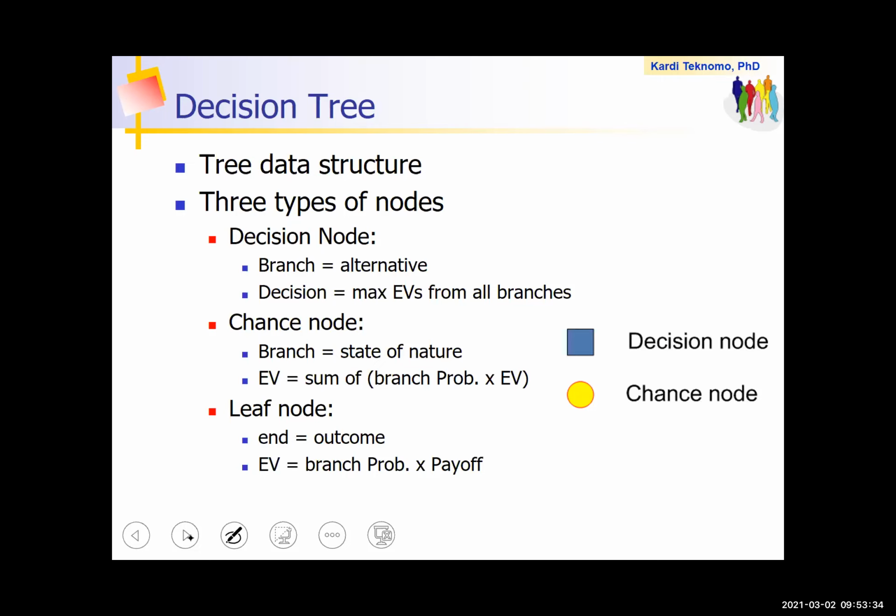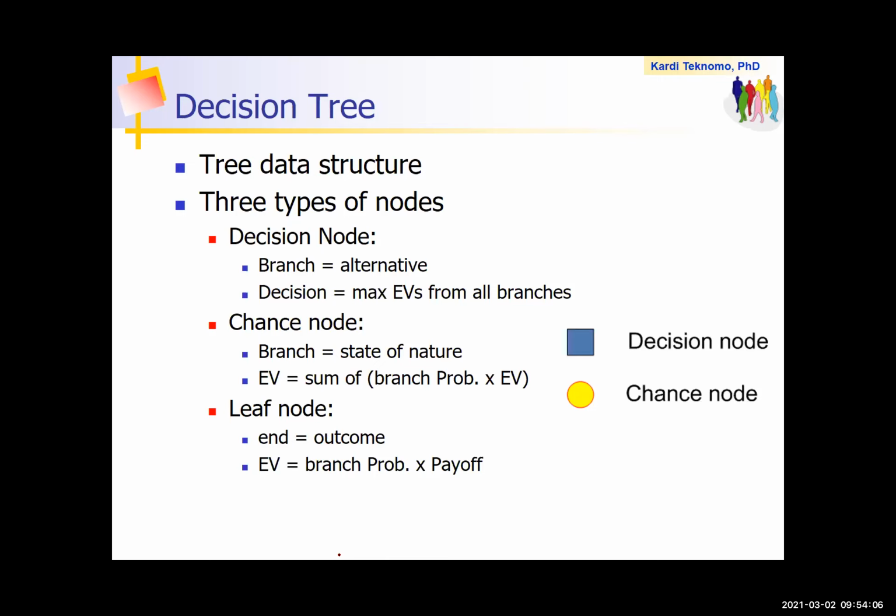And you have chance nodes, where the branches are the states of nature. Then at the end, you have leaf nodes. For leaf nodes we don't have any symbol, but decision nodes are usually symbolized with a rectangle or a square, and chance nodes use a circle.